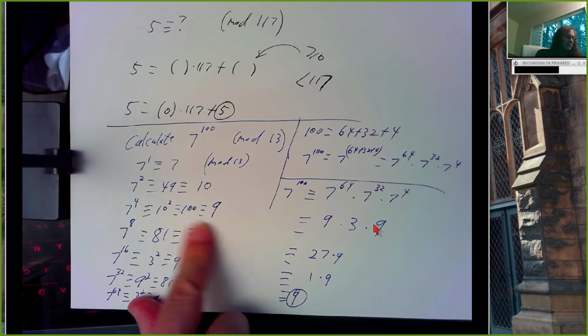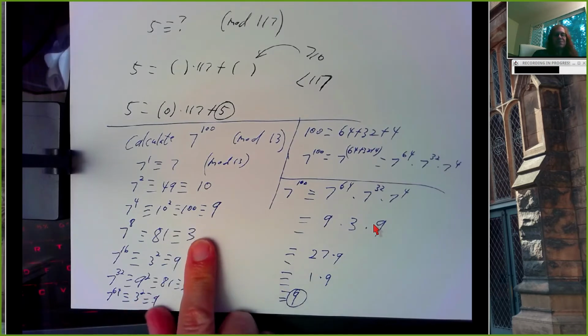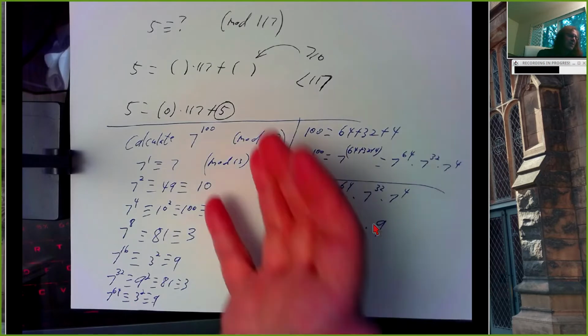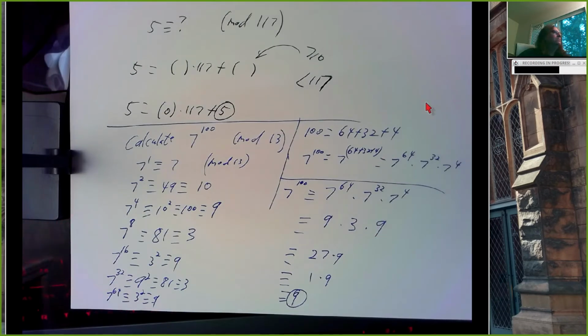But I can say 100 is congruent to 9. And to talk about congruence, you need to know what modulus, and the last one I mentioned was 13, so that's just going to carry through all of those. All right, good enough?